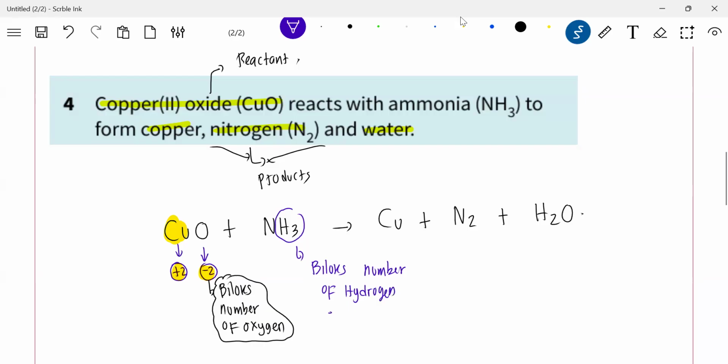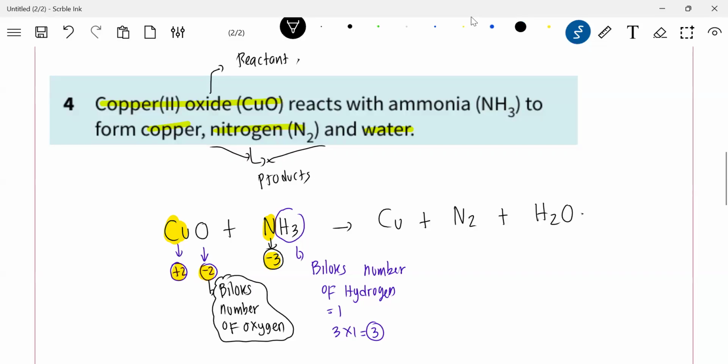Because this is 3, of course 3 times 1 is 3. So the nitrogen, of course, is negative 3, to make it balanced, because negative 3 plus 3 becomes 0. Okay, understand?